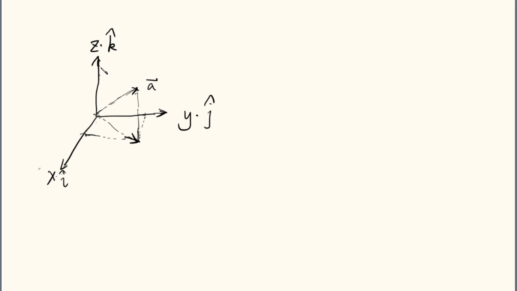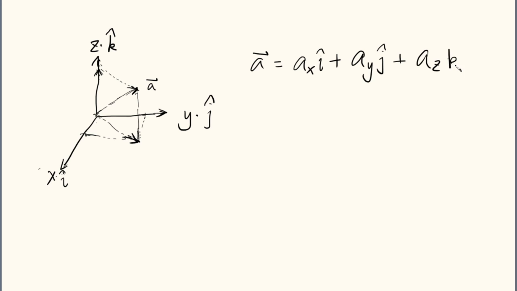Then along axis Z we have a vector A. So A is equal to AX I roof plus AY J roof plus AZ K roof.